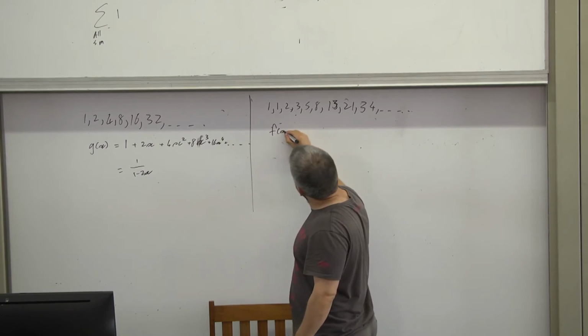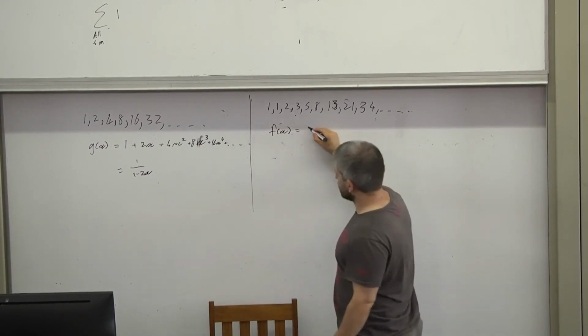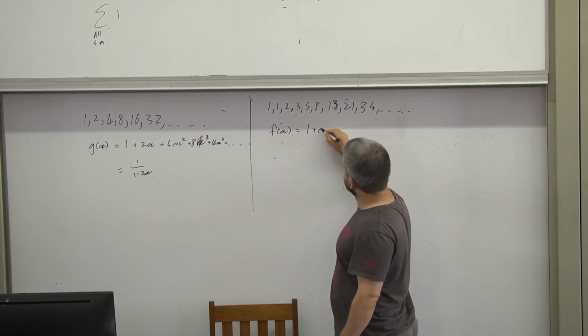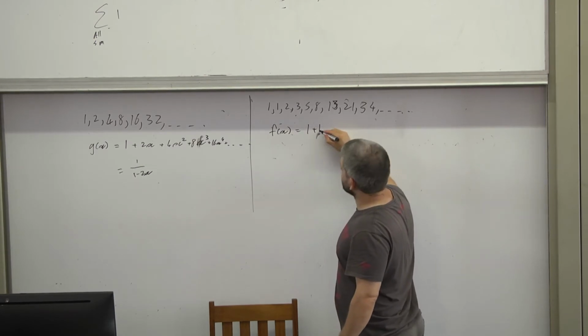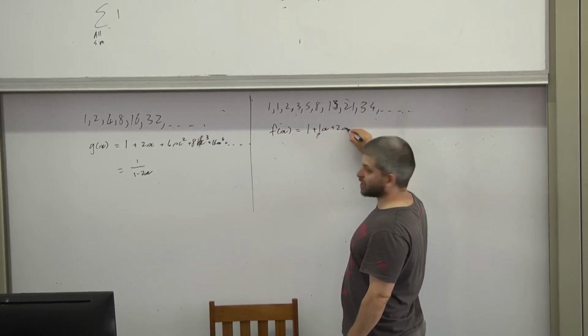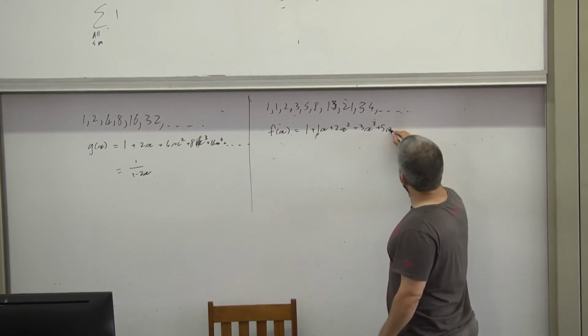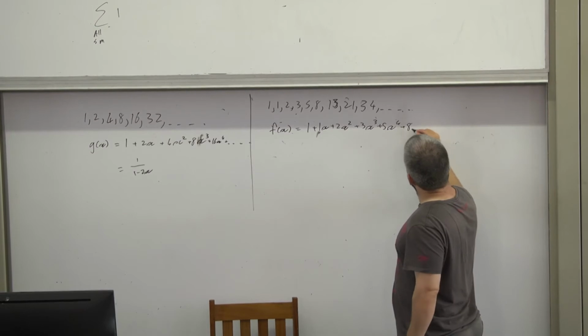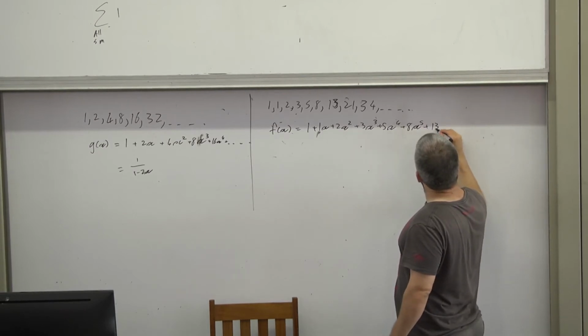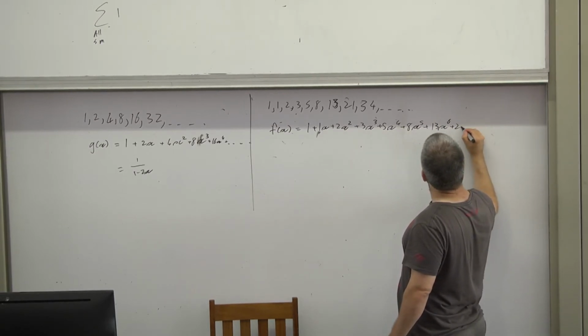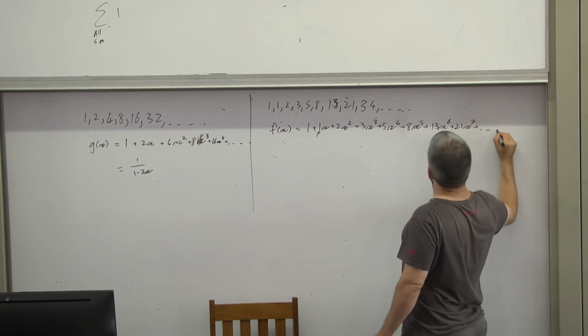Okay, so f of x is equal to 1 plus 1 times x plus 2x squared, 3x cubed, 5x to the 4. You guys get that?